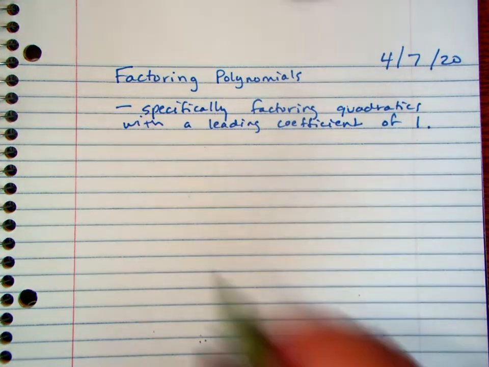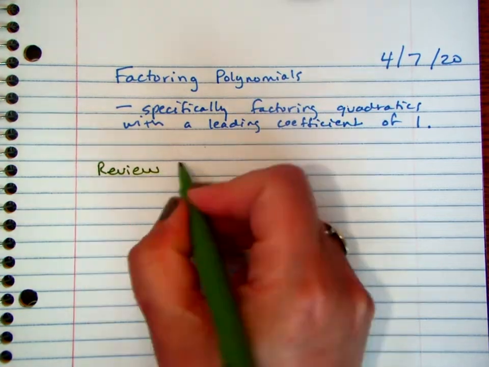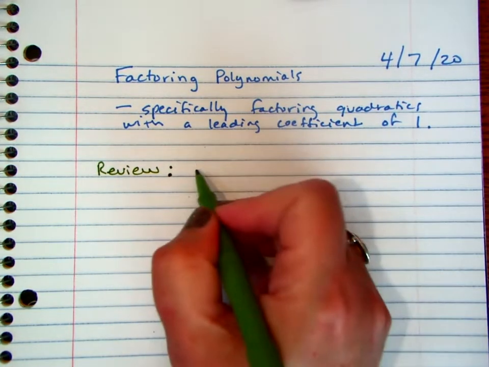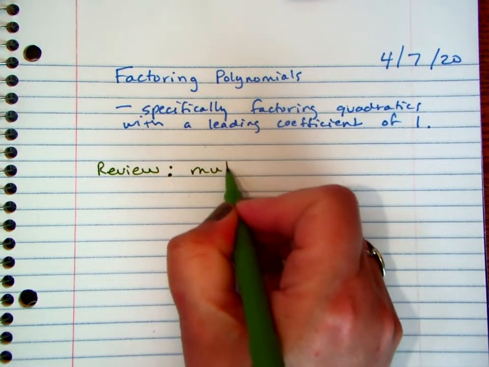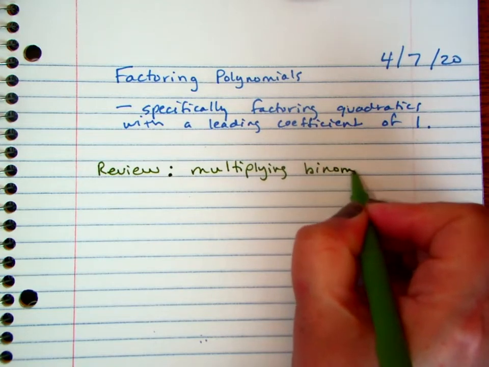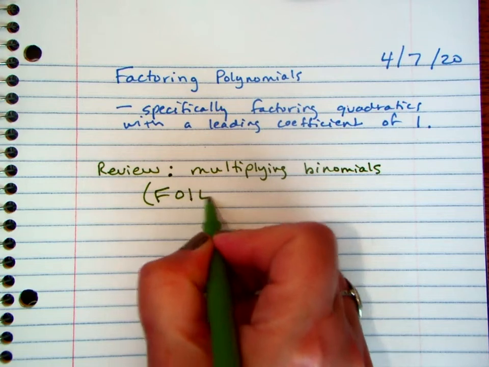So let's just do a little review of multiplying binomials. In other words, using the FOIL method.